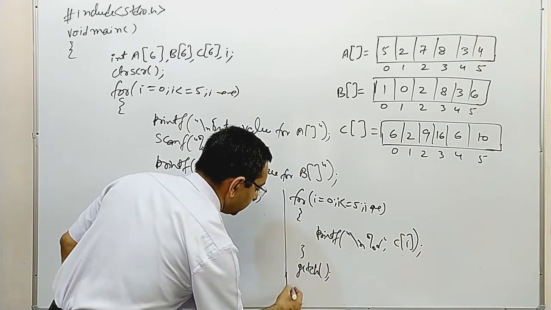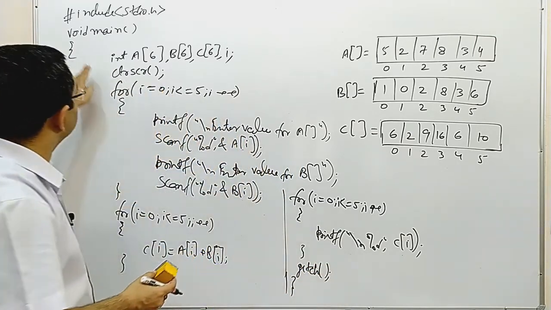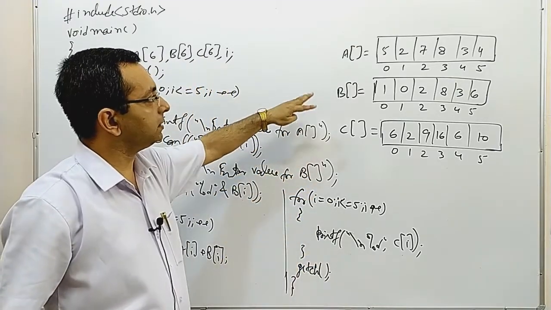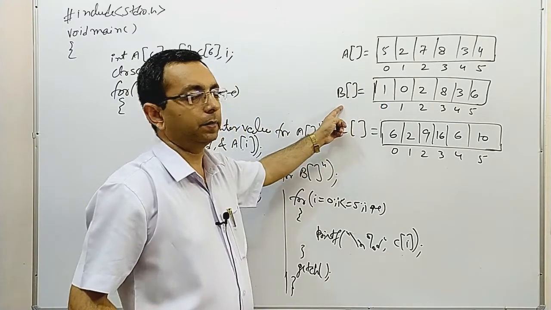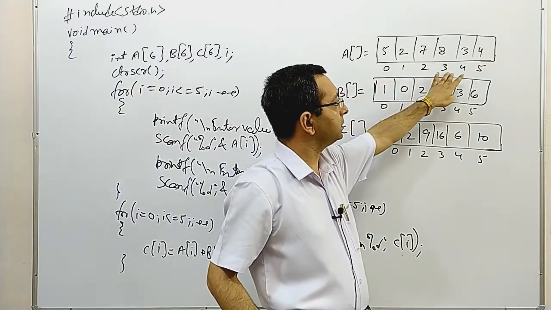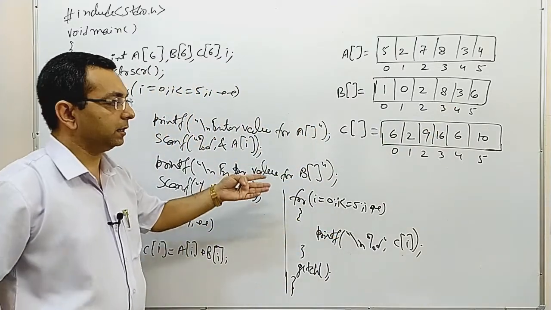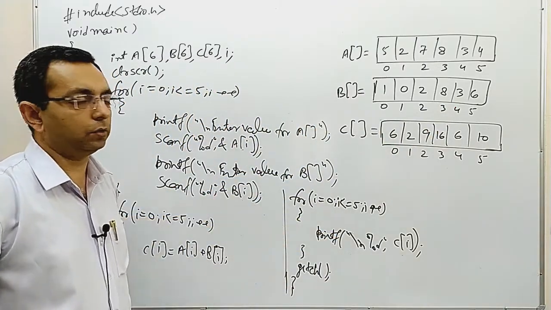Now we write getch and close the main function. So by this concept you can add two arrays of similar size. Here we have taken an A array of 6 elements and a B array of 6 elements. Then we have added both arrays. I hope this concept is now clear to you.